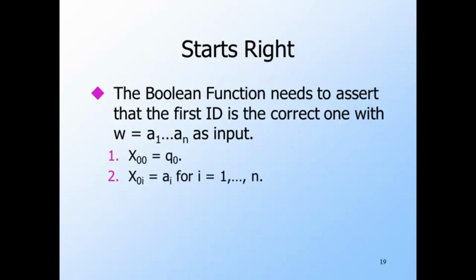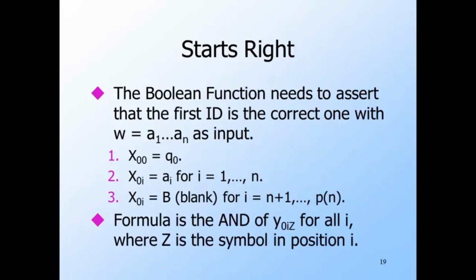And we want the next n variables to represent w. That is, x0i must be ai for all i up to n. And all the other positions of the first ID are blank. That is, x0i is blank for i between n plus 1 and p of n.